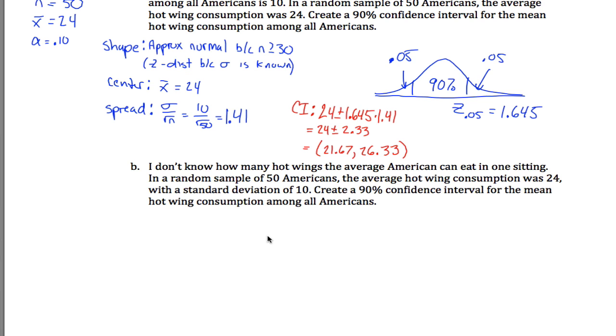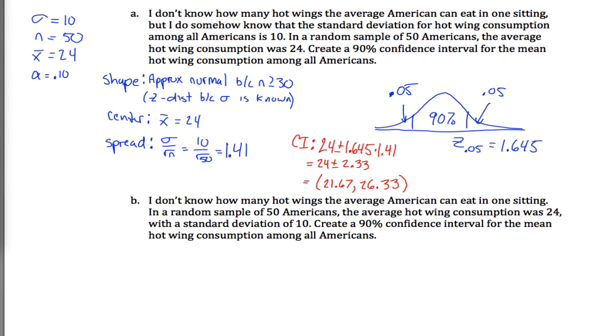This second problem looks pretty darn close to the first one. The only thing that is different is that now the standard deviation of 10 corresponds with our sample. So the one relevant difference is that now s equals 10. N is still 50, x bar is still 24, alpha is still 0.10.